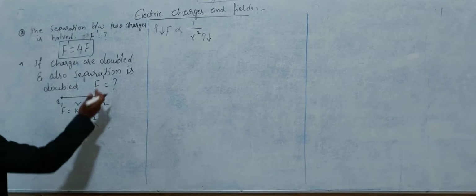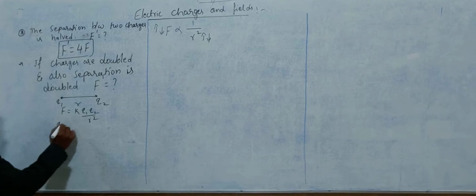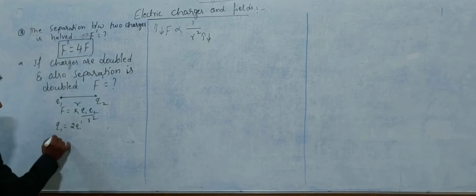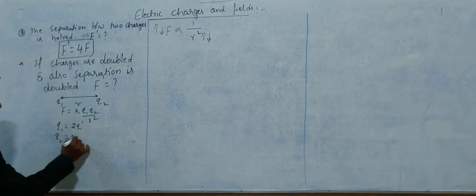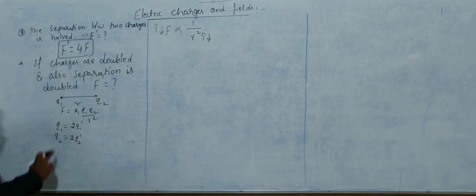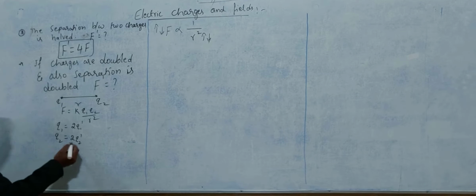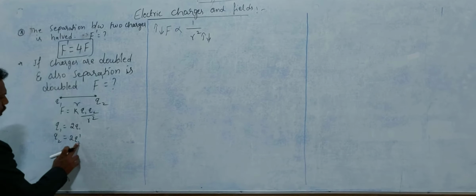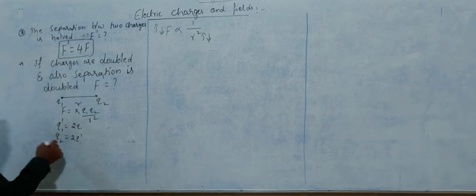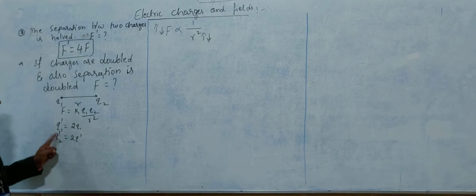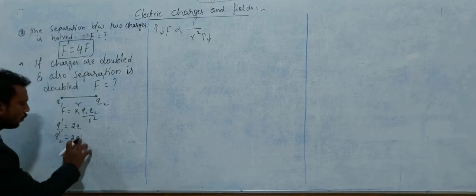If the charges are doubled, that is nothing but q1 dash is equal to 2q1, q2 dash is equal to 2q2.